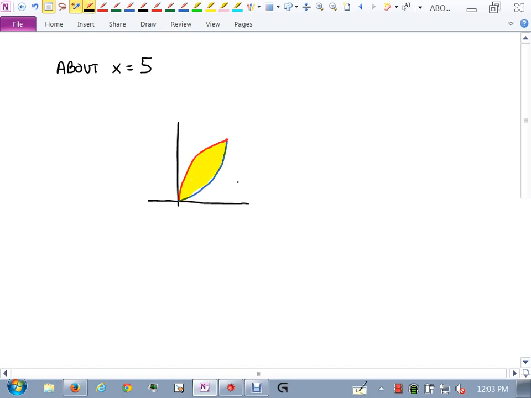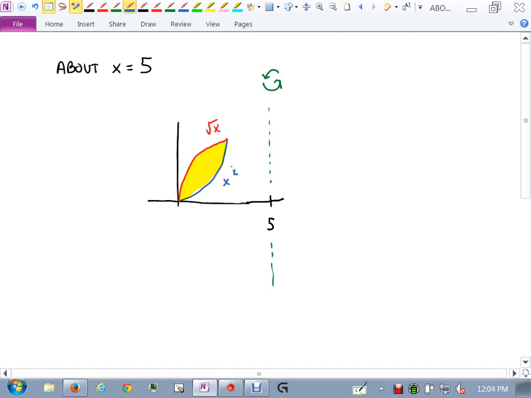I want it about x is 5. Root x on top, x squared on the bottom.